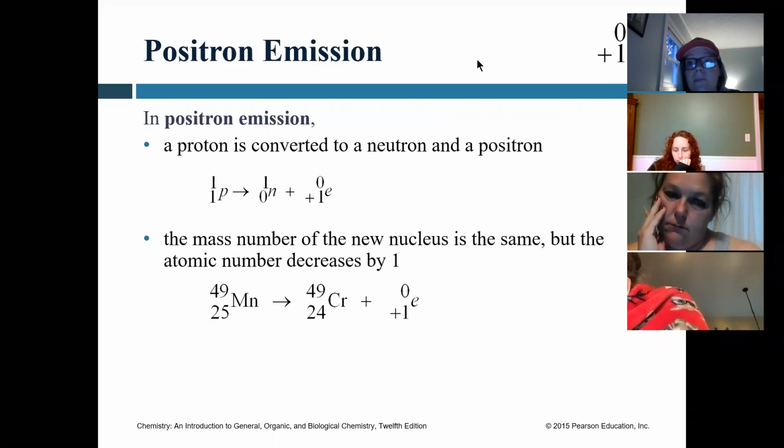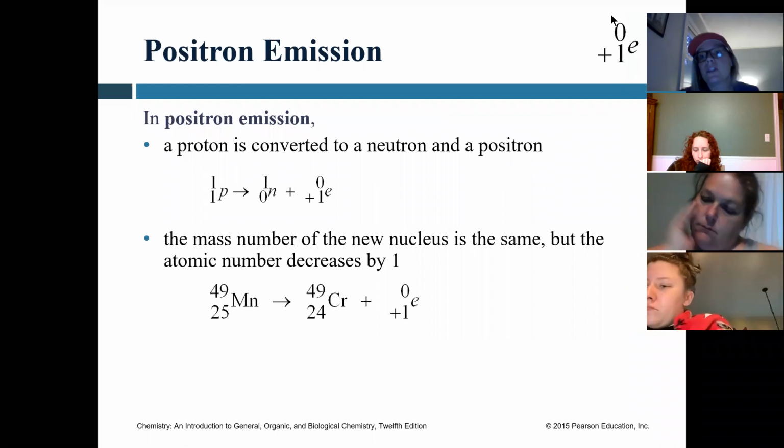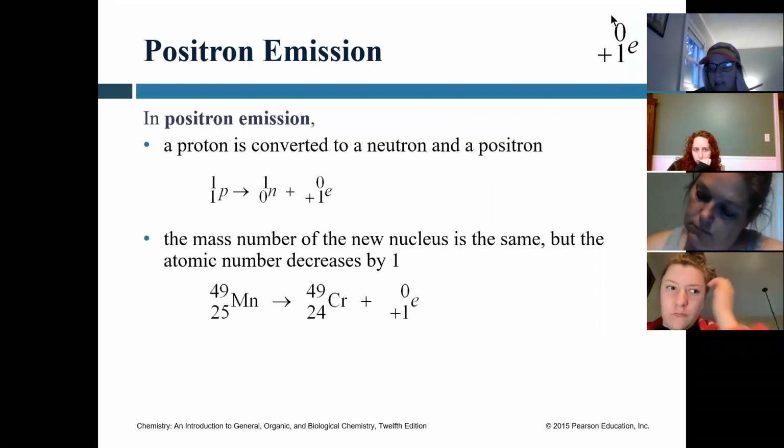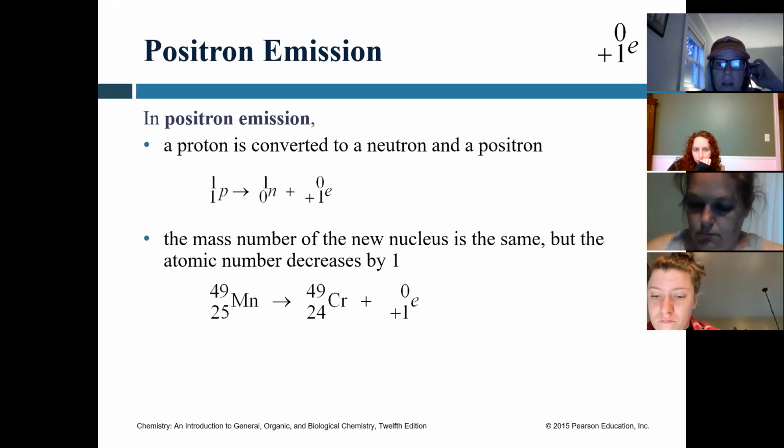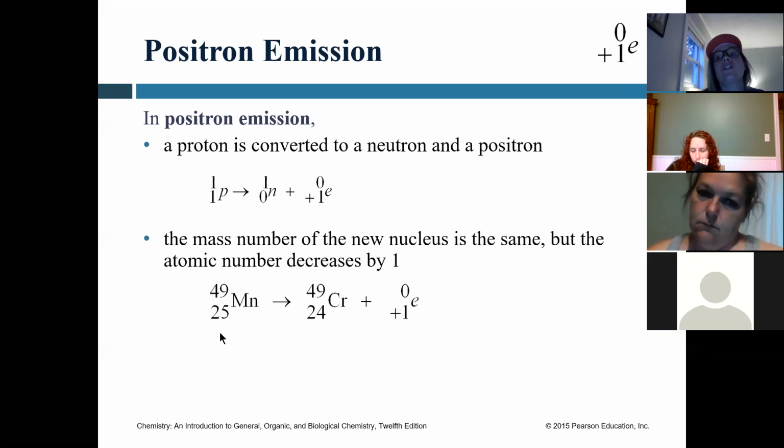Okay, so positron emission. Remember, a positron is the opposite of a beta particle. It's when a proton is converted into a neutron. So in that case, the mass number of the nucleus stays the same, but the atomic number should decrease by 1 because a proton is changing to a neutron. So here I've got manganese 49.